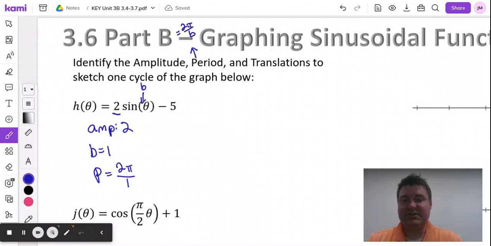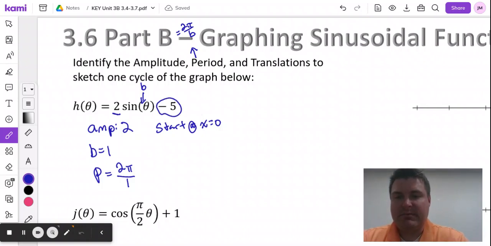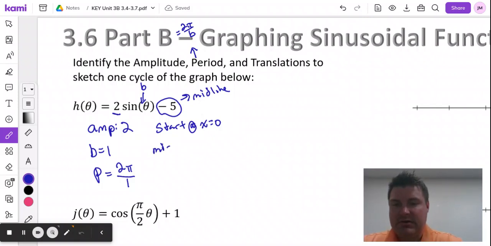We did not get shifted, so my starting x value is x equals 0. And then this right here is where my midline is, so we're going to have a midline of y equals -5.